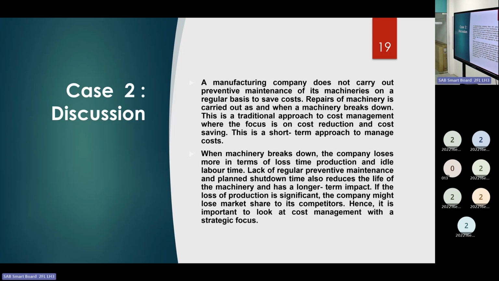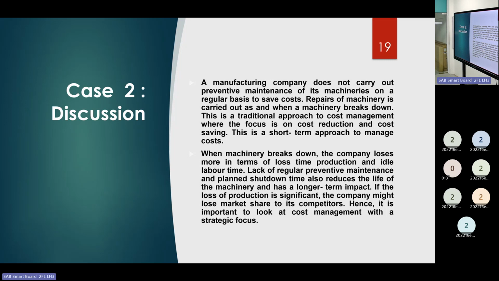So it is important to maintain, right? It's a simple thing, right? So if you don't properly maintain the machine, carry out the repair and maintenance, then there will be more frequent machine breakdowns. So traditionally they say that maintenance and repair is high cost.